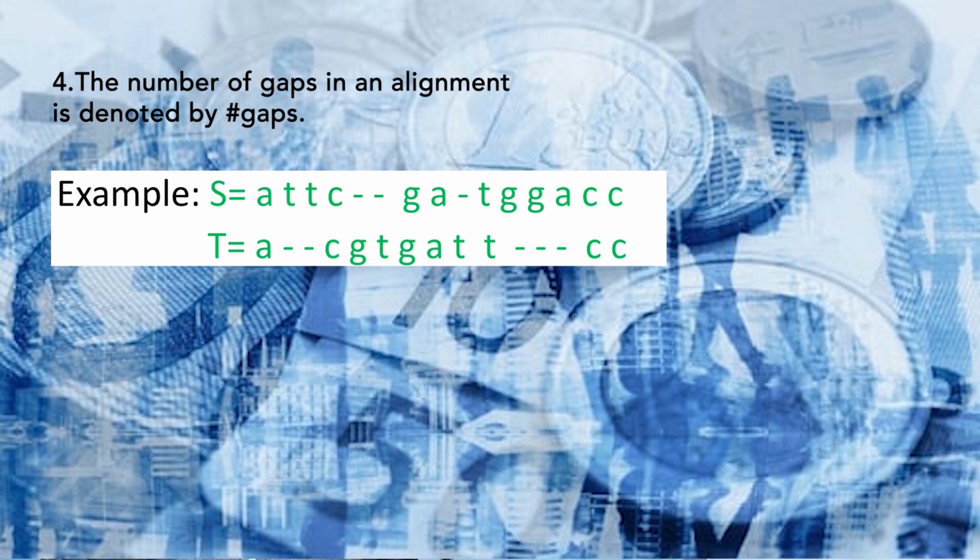So, there are 4 gaps, and the consecutive runs are called spaces. If you count the total number of hyphens, the first sequence, the source, has 3 spaces and the second has 5. So, the total in source and target is 8 spaces, 4 gaps, 0 mismatches, and 7 matches.